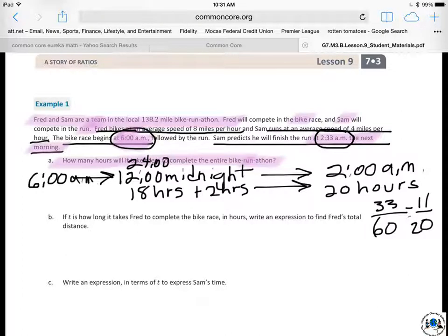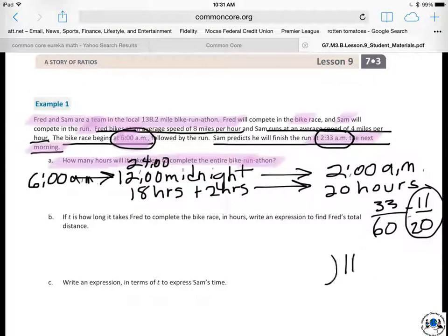Okay, and then you could put 20 and 11/20 hours, 20 hours 33 minutes. Truly, those are all good answers. But if we go ahead and put it into decimal form, which is based on what they're showing me here on this key, is what they want.